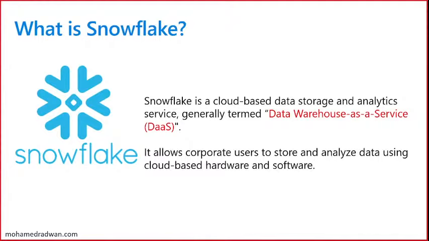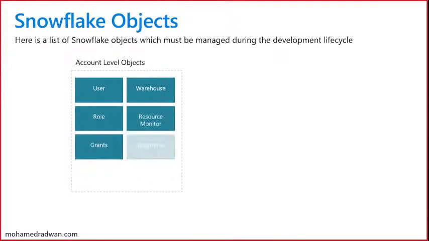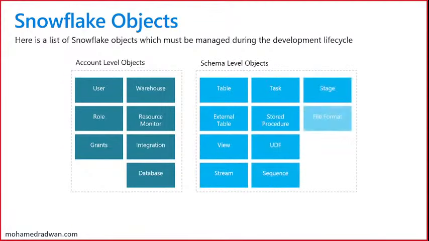Okay, so now when we're talking about Snowflake objects, there are several types of objects. There are account level objects like user, RBAC or role-based access control, database, all of this. And there are also schema level objects, which are tables, views, and so on.